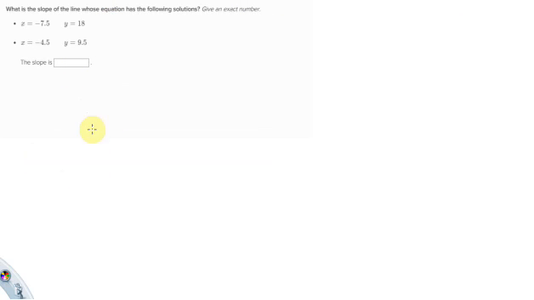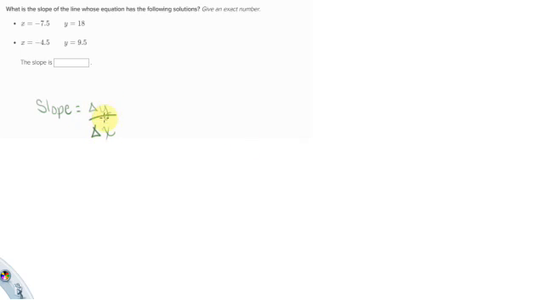In the past, we've said that the slope is equal to the change in the y-coordinate from one point to a different point divided by the change in the x-coordinates from one point to a different point.